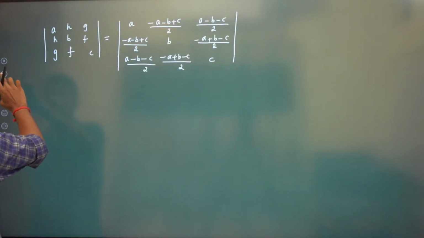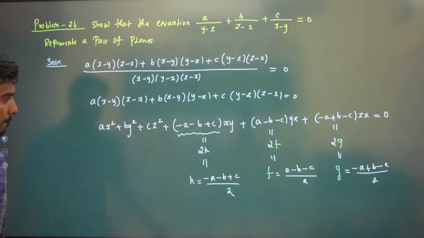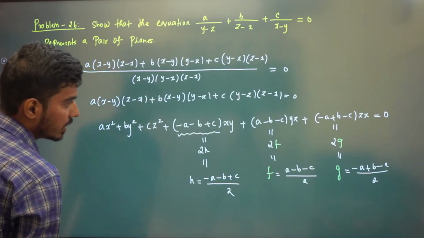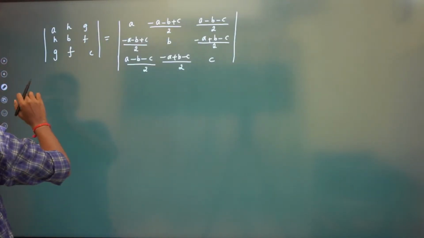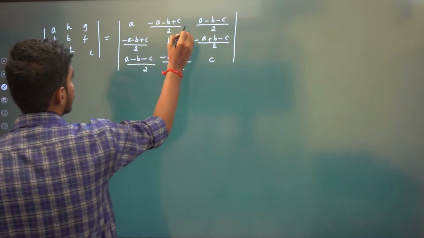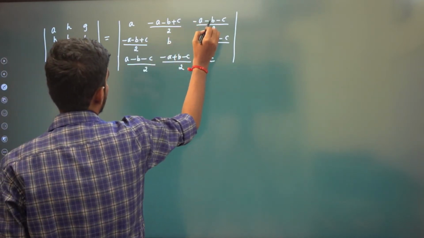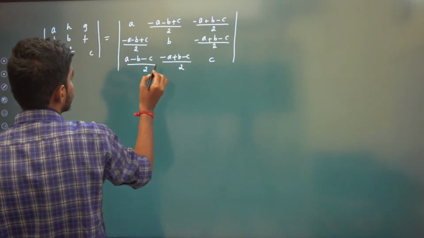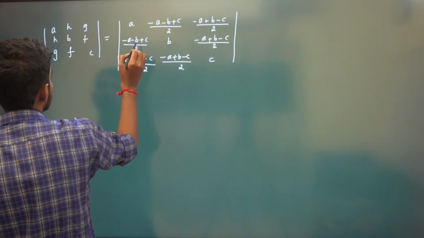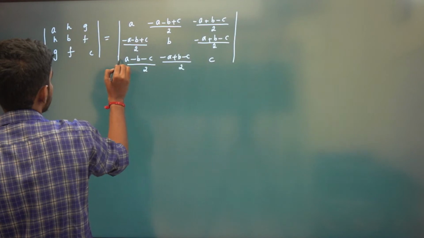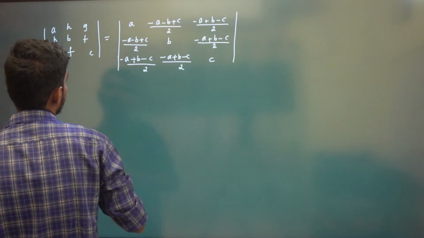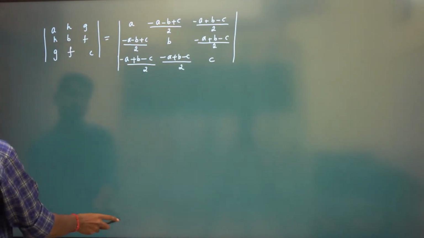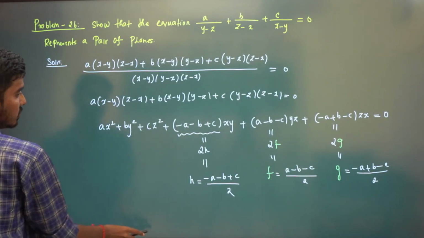So g will be (-a + b - a + b - a + b). This is our g, and f is (a - b - a - b).